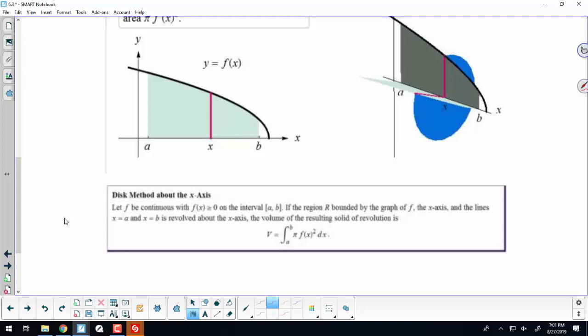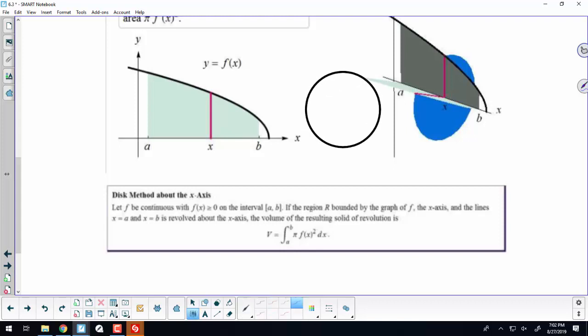Well, we just integrate the area of each cross-section, which we now know is a disk, times dx or dy. That's that blue cross-section that we're looking at.